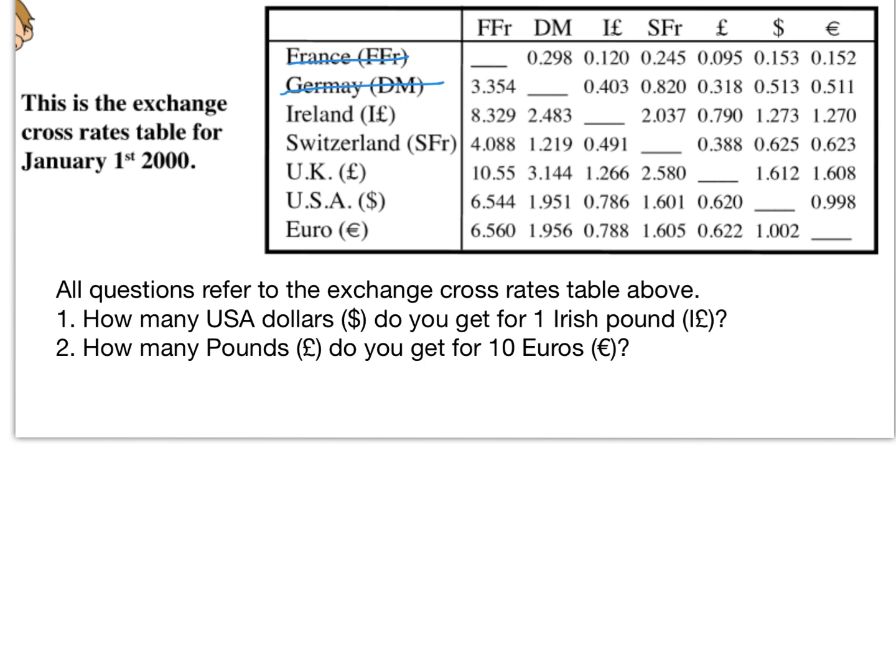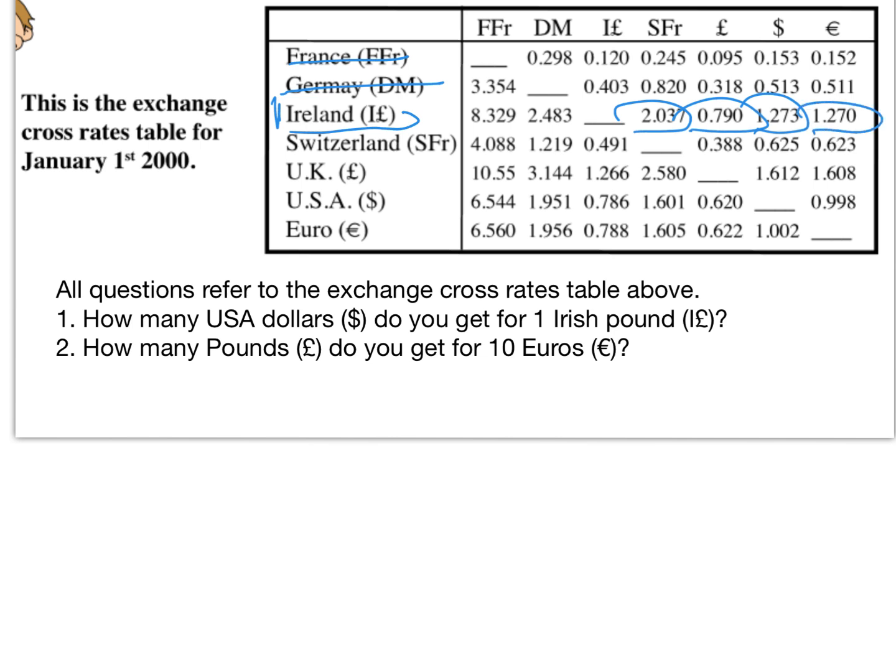So how do we read the exchange cross rate table? Just know that 1 unit of this is equivalent to all these units. For example, 1 Irish pound is equivalent to 0.237 Swiss francs, 0.97 pound, $1.273 and 1.270 euro.